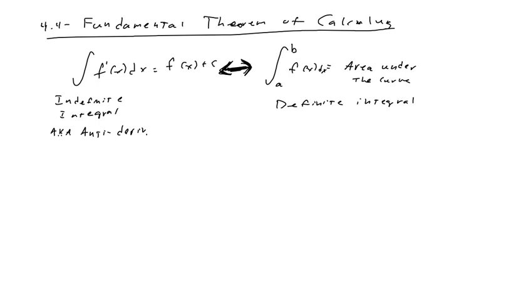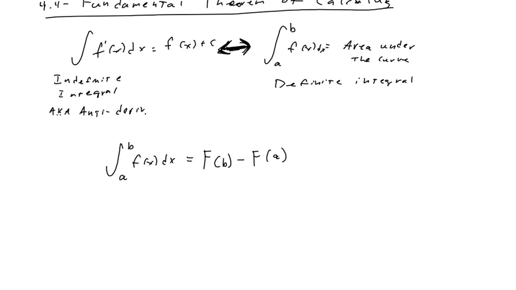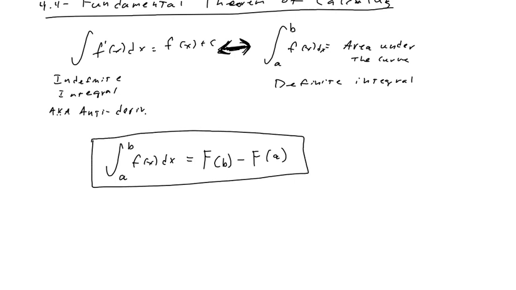We have the following rule: if you do the integral from a to b of f of x dx, a definite integral of some function, that is exactly equal to the antiderivative evaluated at b minus the antiderivative evaluated at a. Capital F is the antiderivative.